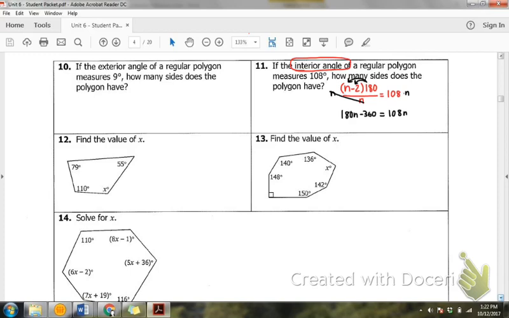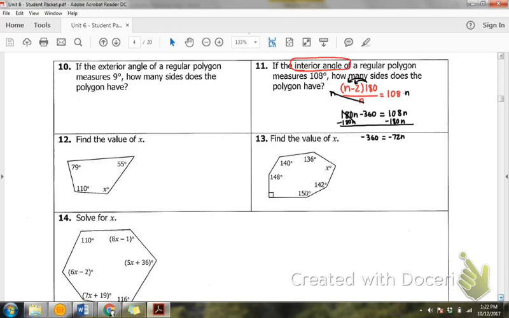Okay, and now it's just an Algebra 1 problem, right? Get your n's on the same side. I would subtract 180n because you already have an n over there. So if we subtract 180n, I have negative 360 equals negative 72n.